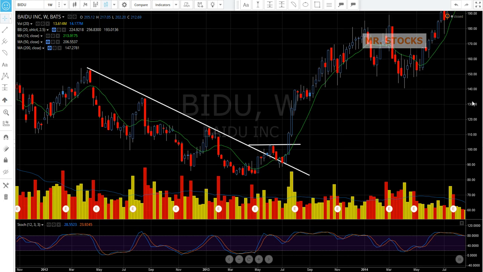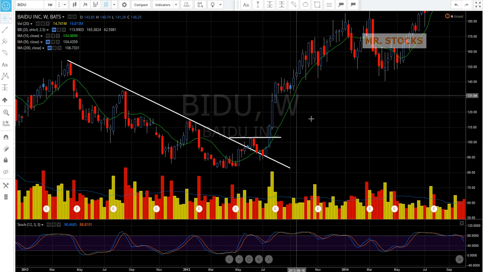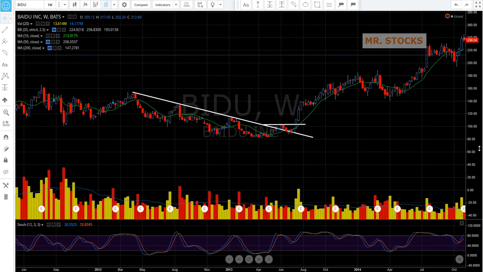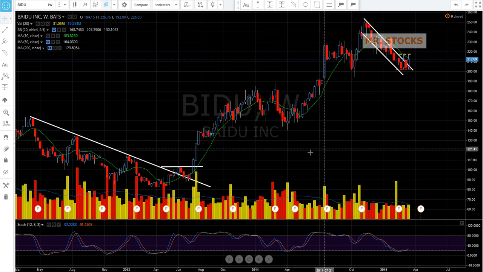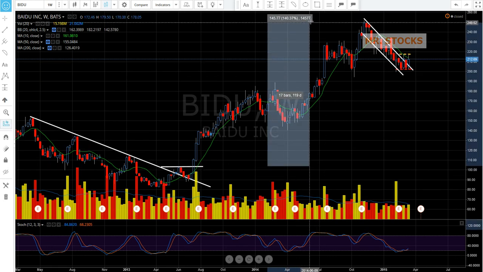And so in this area here, you had your buy stop, and then you had a huge move. If we measure it out to the recent highs around here, we can see from this downtrend we had a significant move of 143%.